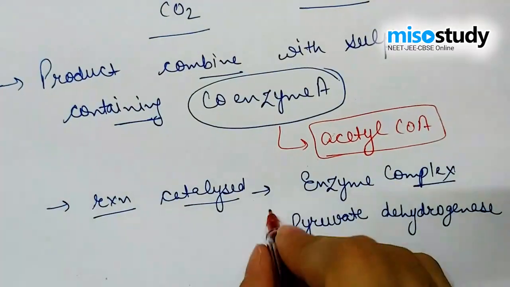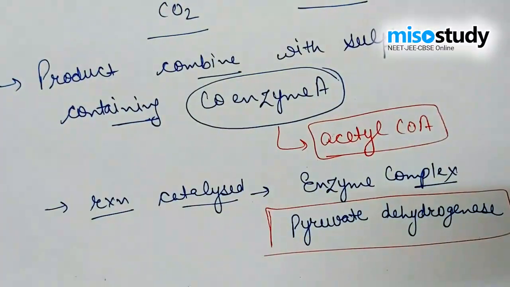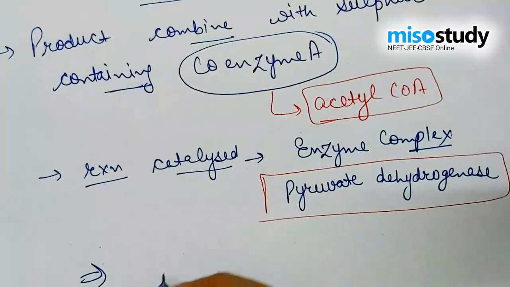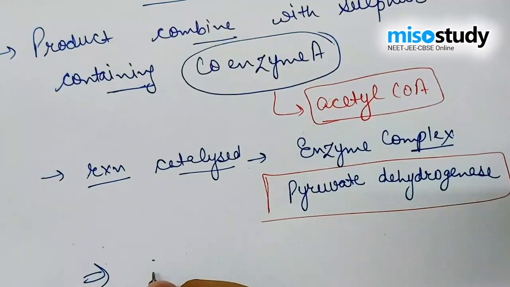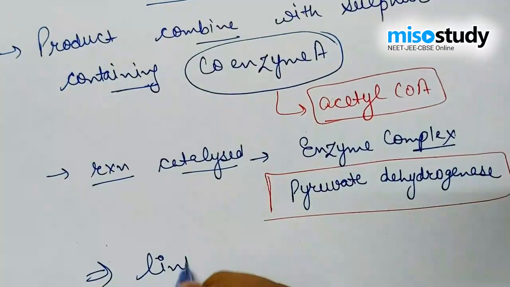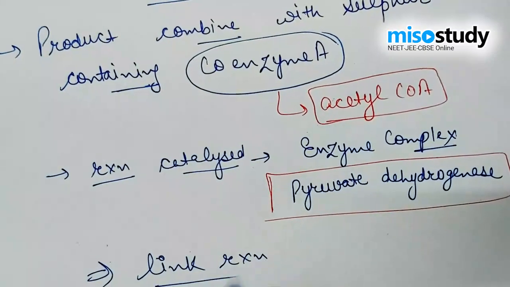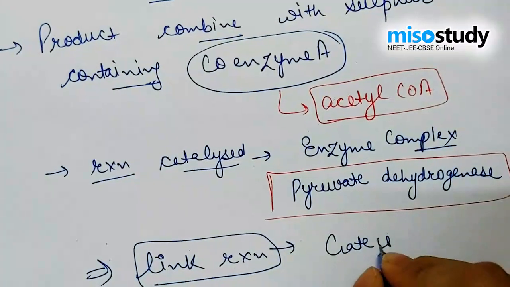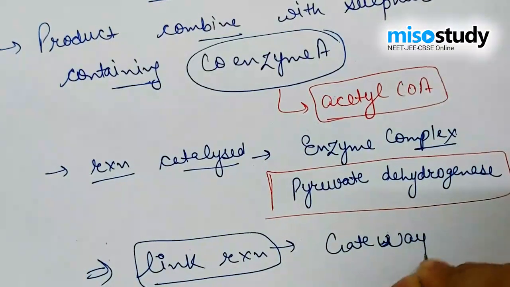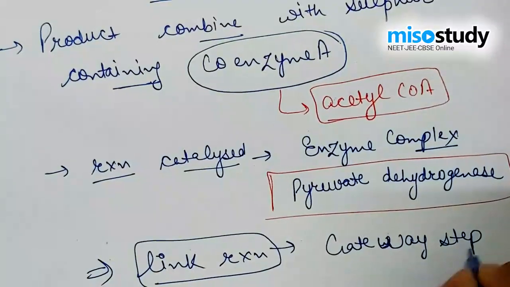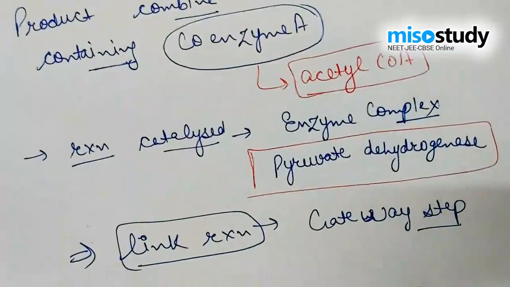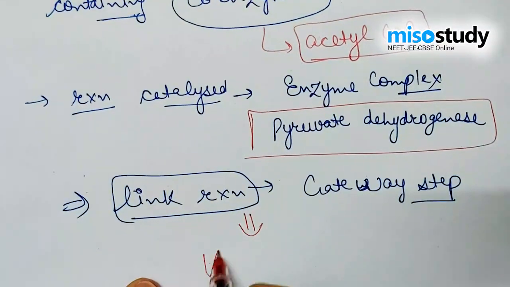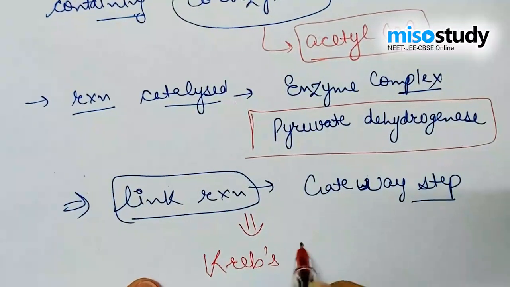The enzyme name is pyruvate dehydrogenase, and the reaction and the step is also known as the link reaction or the gateway step. Link reaction or the gateway step, as it links the glycolysis to the Krebs cycle.